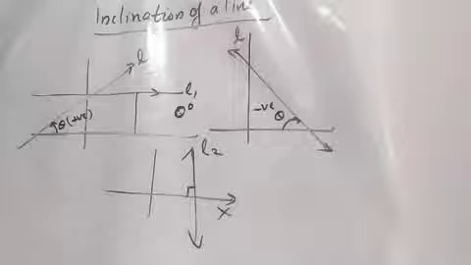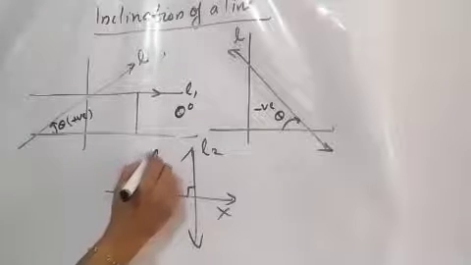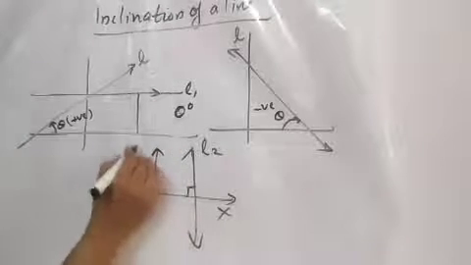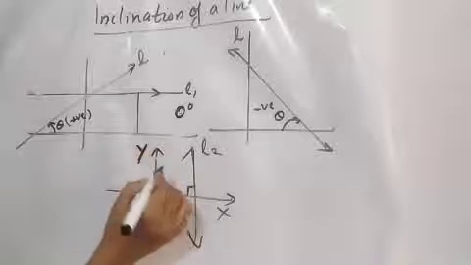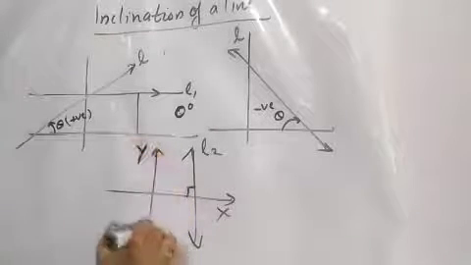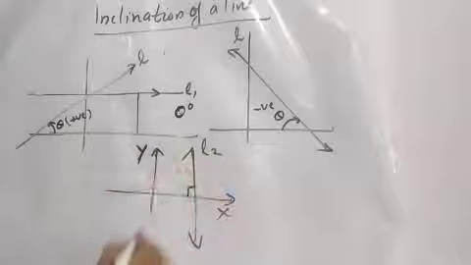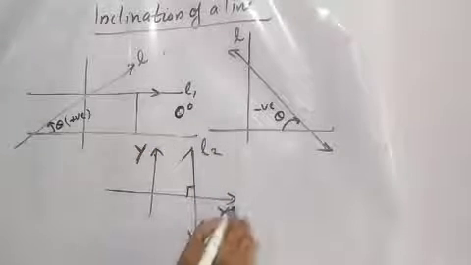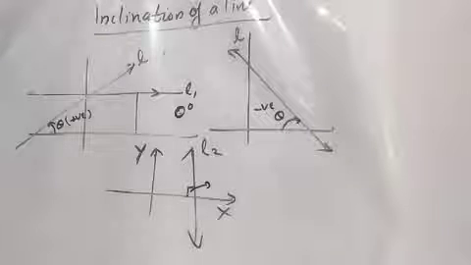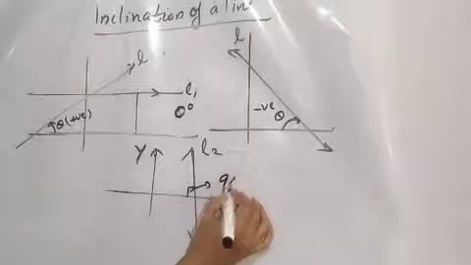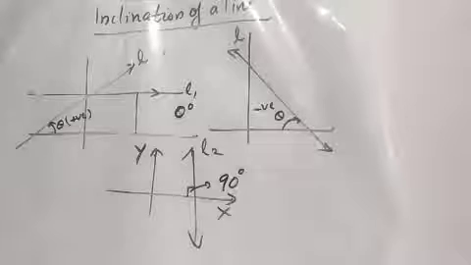The inclination of the y-axis and every line parallel to the y-axis. This line is parallel to the y-axis, and also perpendicular to the x-axis. So what is the angle between the line and the x-axis? It is 90 degrees. So the inclination is 90 degree.